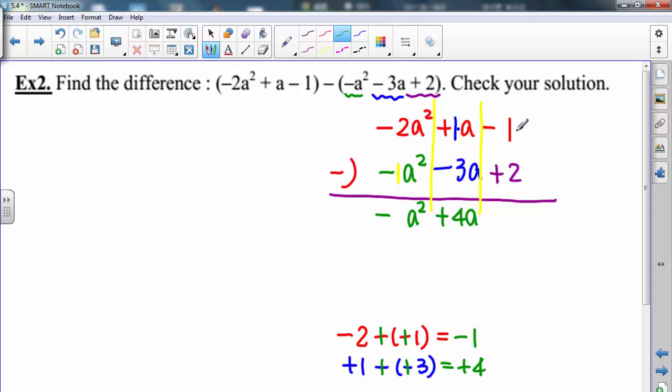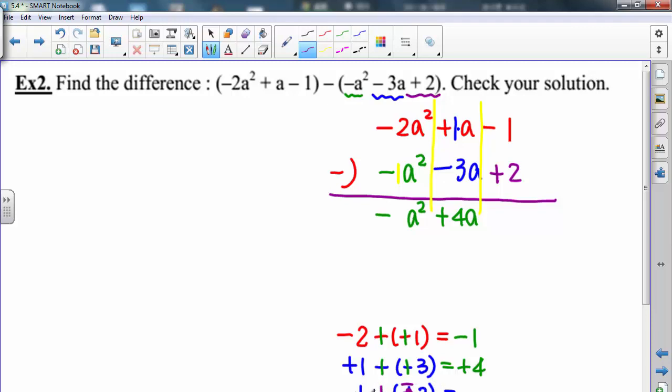The last column, -1 take away positive 2. -1 minus positive 2. When I minus them, I change the minus to plus and the opposite of the second number. -1 plus -2.